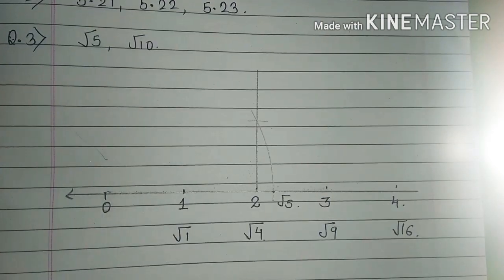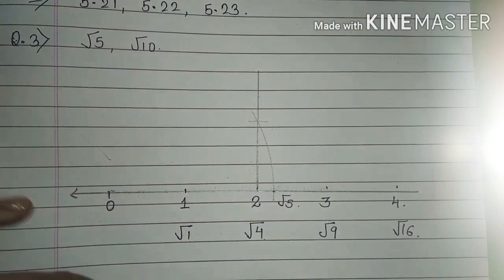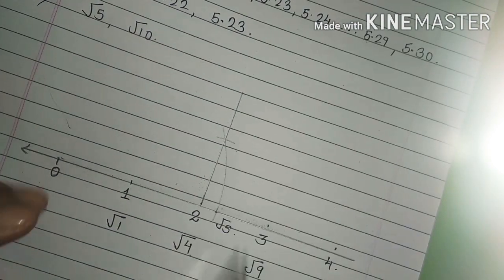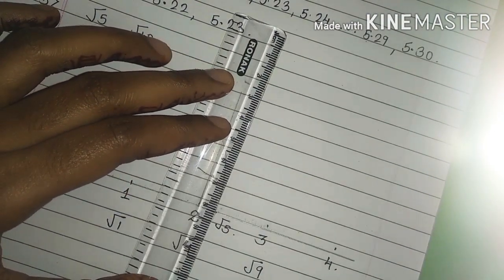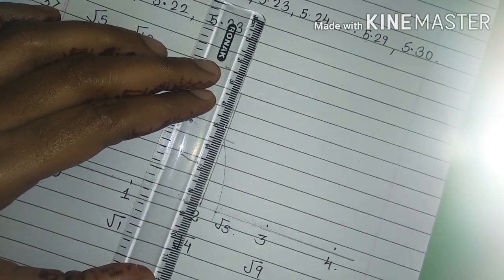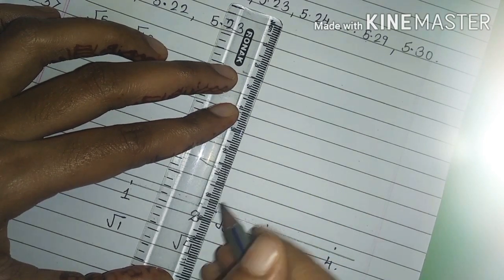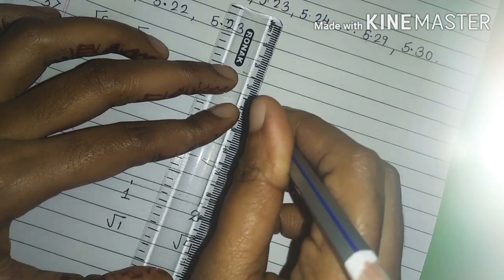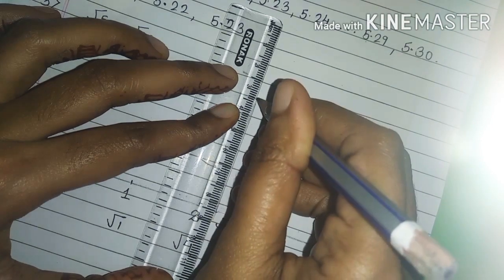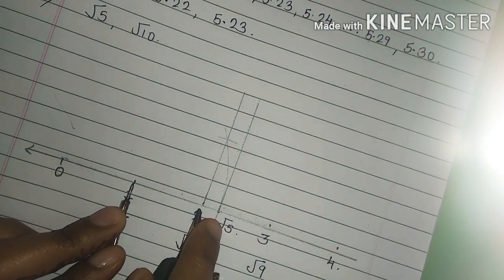The same way you can show root 6, root 7, root 8. I'll show you how to show root 6. It is not asked, but still I am showing you. First of all, draw a perpendicular line on root 5. Again measure the distance, that is 3 centimeter.